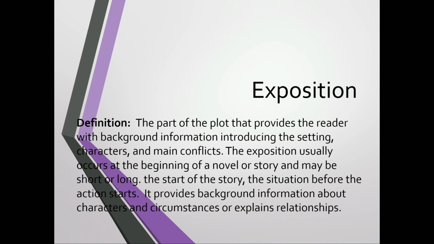So with this itself we come to know the setting, character and the main conflict. The exposition usually occurs at the beginning of a novel or a story, and may be short or long. It is the start of the story, the situation before the action starts. It provides background information about characters and circumstances. The exposition is the very beginning of the short story, or any story or a novel.